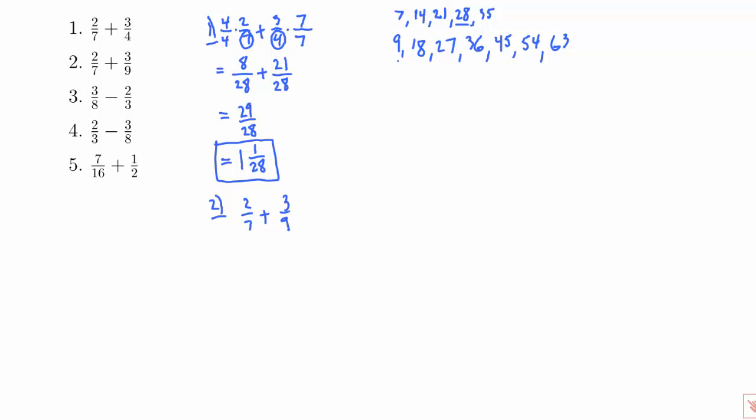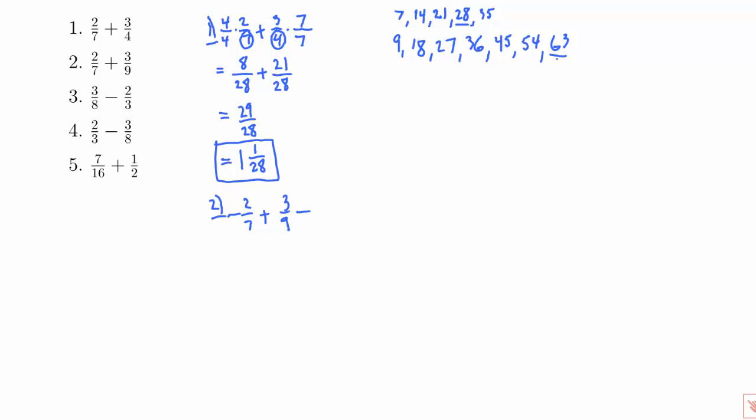Notice that 7 is not a factor of any of these numbers except for 63. So because 7 is not a factor of anything until you get to 63 here, that means that 63 is the least common denominator.